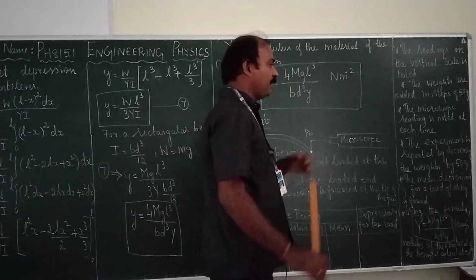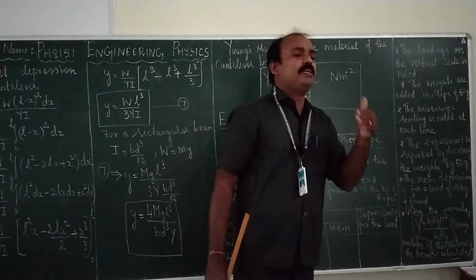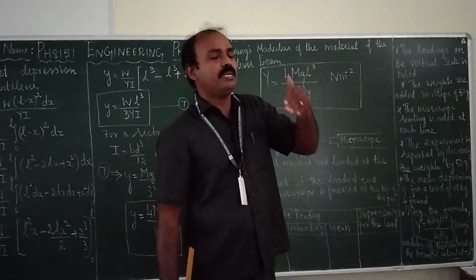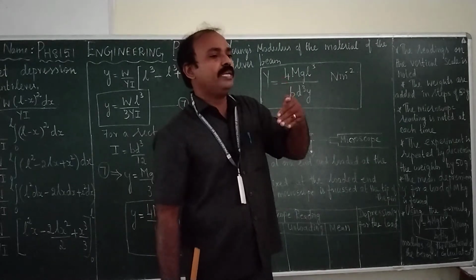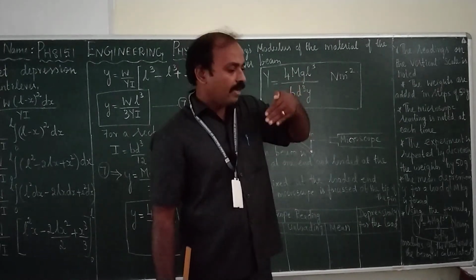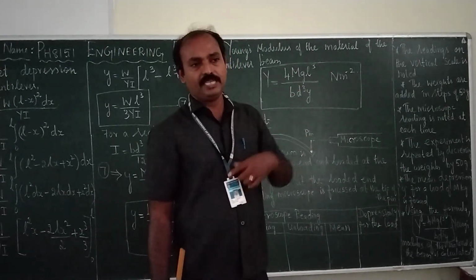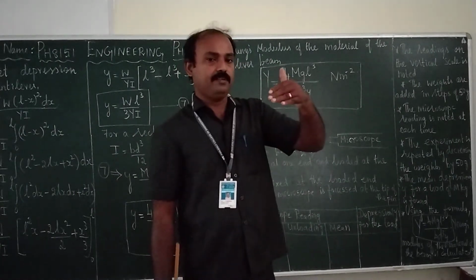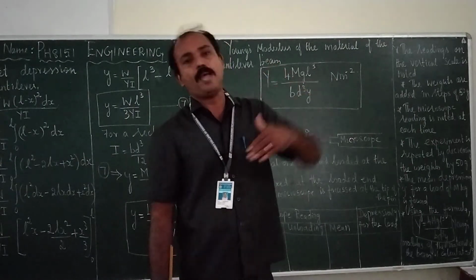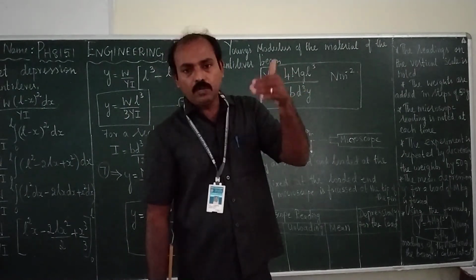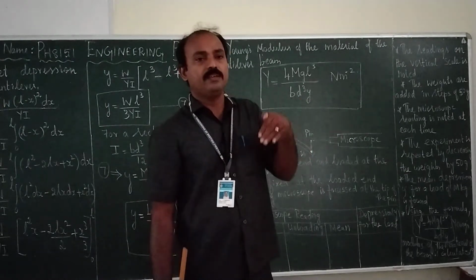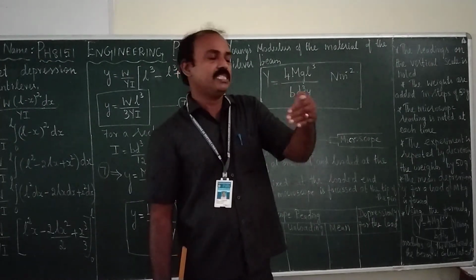The experiment is done two times. The first time is loading. What is the meaning of loading? Loading is nothing but the addition of weight in increasing order, in steps of 50 gram. Unloading means the same experiment is repeated by removing 50 gram each time.